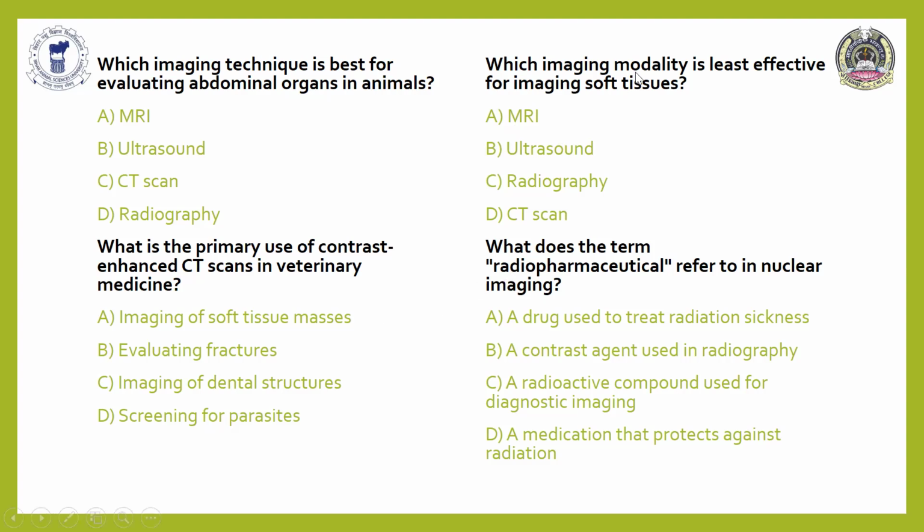You said we do CT scan for soft tissue, so why is the answer above not correct? This is contrast enhanced CT scan, in which contrast agents are used. So it is used for imaging of soft tissue masses and for evaluation of abdominal organs. Most commonly, ultrasound is used, okay?